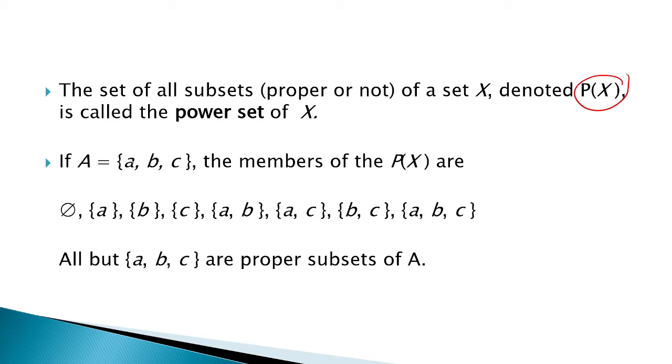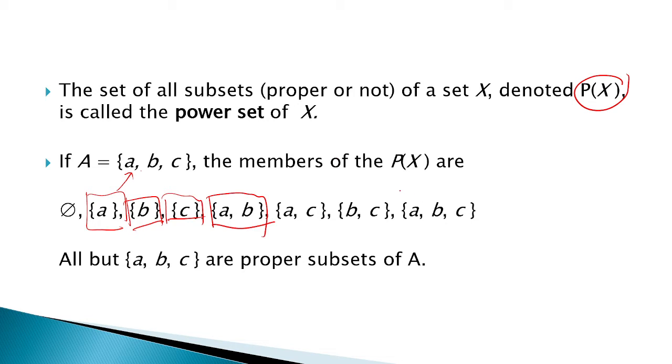Pwedeng A lang. A is a subset, right? Because lahat ng members ng set na to, nandito sa loob ng A natin. Even this one, B, etc. You can also have combination ng dalawa, combination ng tatlo pala rather. We have this set na ang laman ay A and B. They are both members of set A. So therefore, it's also a subset.